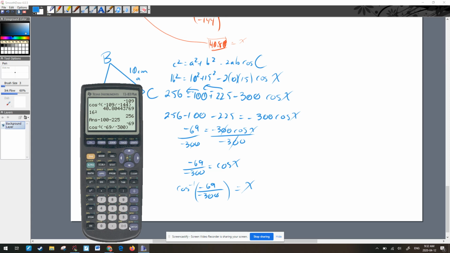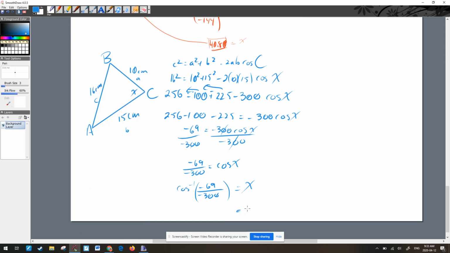Type that in, hit enter, and we're going to get 76.70. So we just found that that unknown angle is 76.70 degrees.